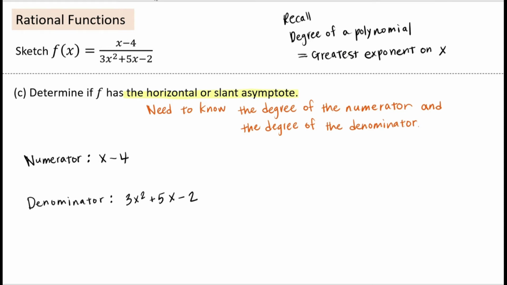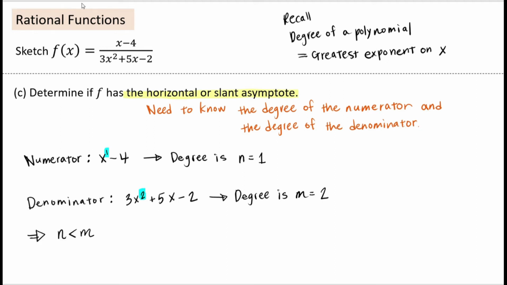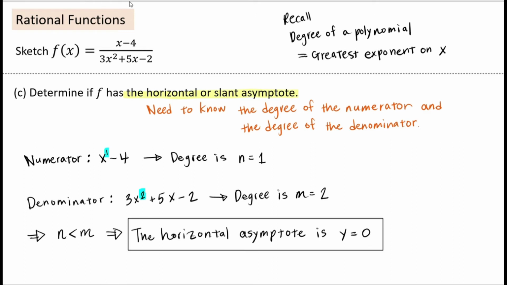So the degree of x minus 4 is 1. The degree of 3x squared plus 5x minus 2 is 2. Because n equals 1 is less than m equals 2, the horizontal asymptote is y is equal to 0, the x-axis.